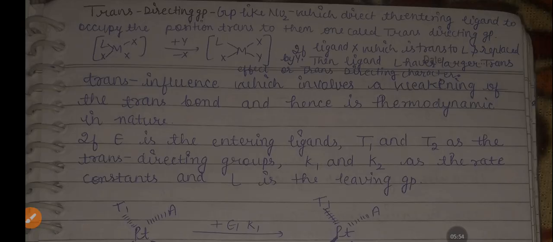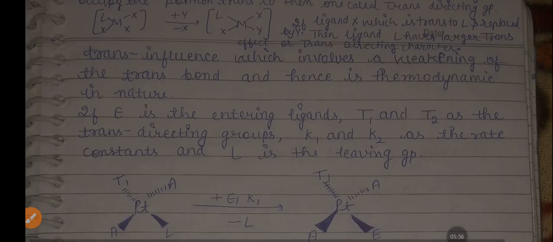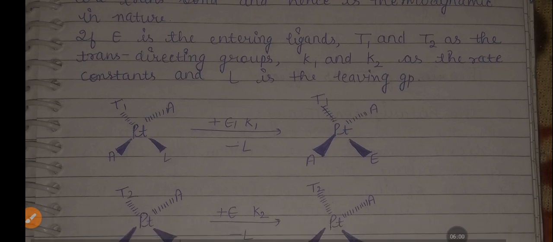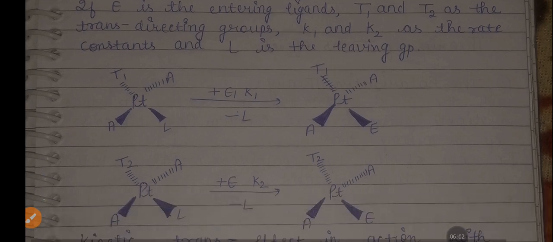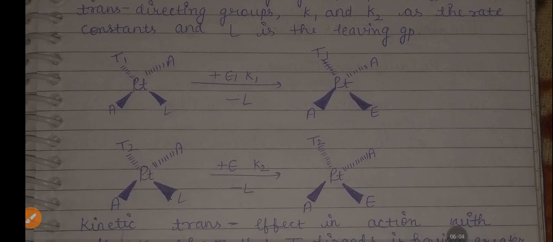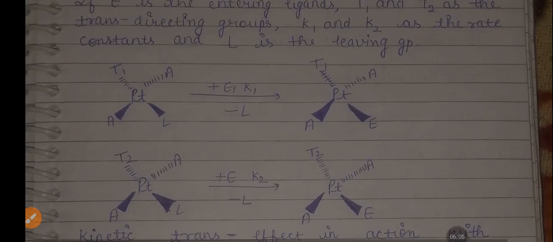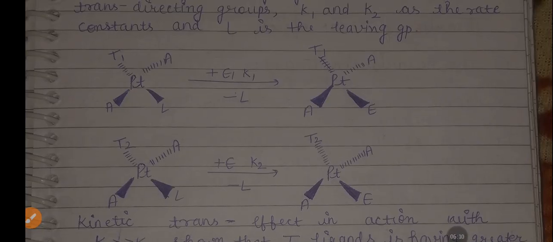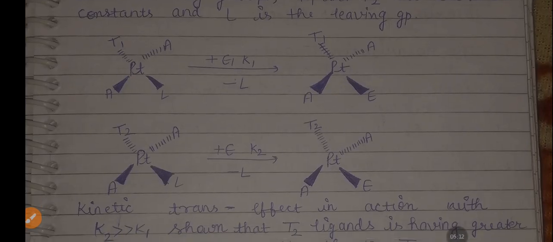If E is the entering ligand, T1 and T2 are the trans-directing groups, K1 and K2 are the rate constants, and L is the leaving group, then when platinum, which is the metal atom, is attached with T1, A, and L, ligand E reacts with this.